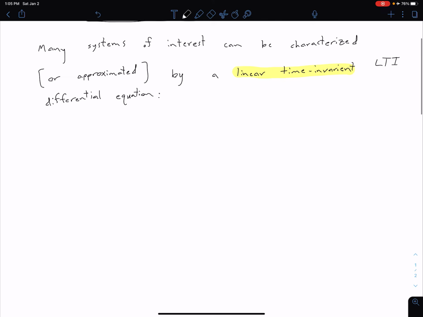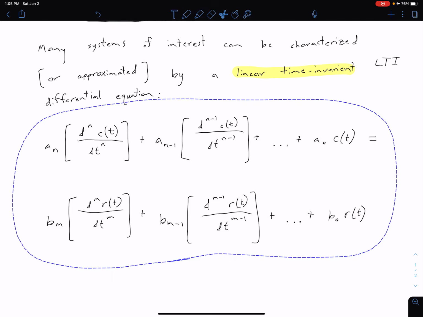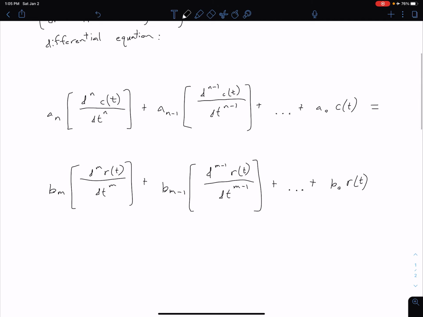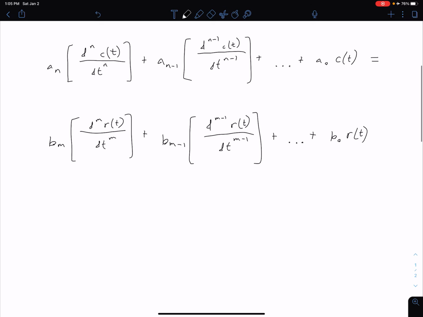So what does this differential equation look like? Here it is, taken from your book. We have some coefficients, some derivatives, some functions of time. Let me go ahead and define those functions of time.